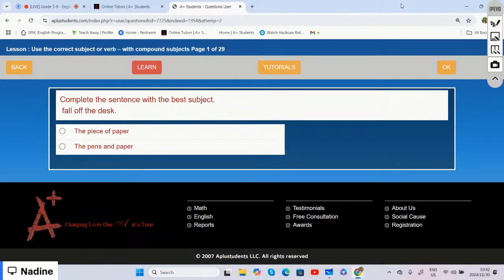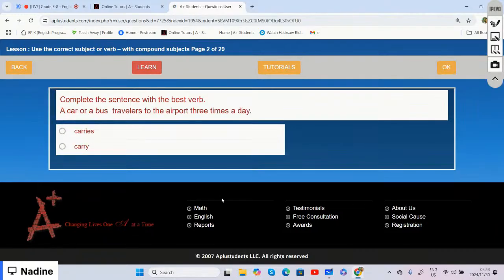Which one is correct? All right, if we were to choose the correct option, then we can say option two. The pens and paper fall off the desk.